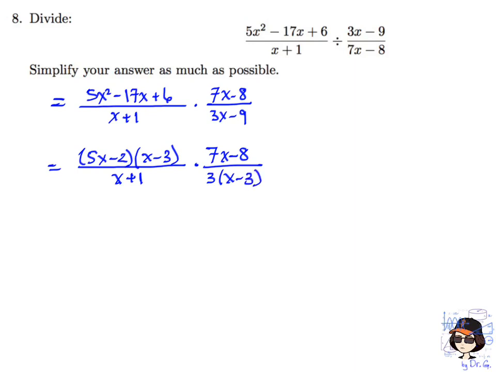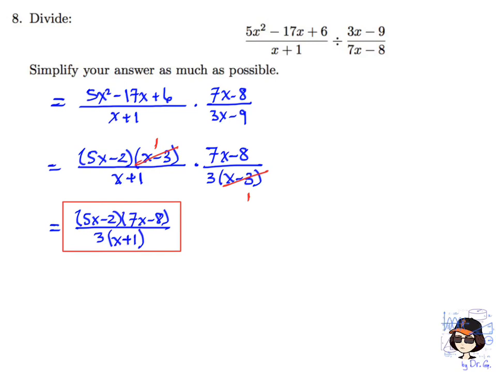So notice, before we multiply, we've got some cancellation, not much. Those two things cancel. We're left with 1s there. And so now we just multiply straight across, and you can just leave it in factored form. So we get 5x minus 2 times 7x minus 8 all over 3 times x plus 1. And don't multiply those things out, just leave it factored.